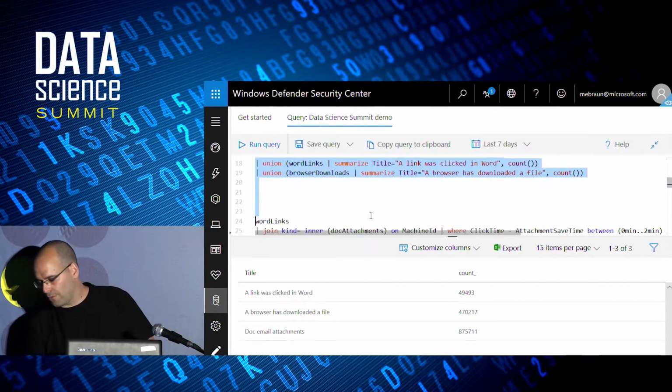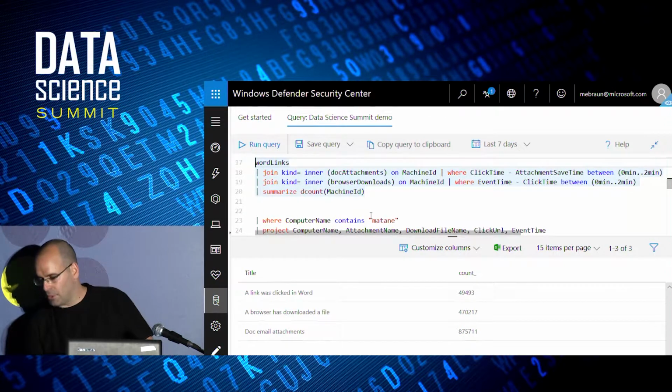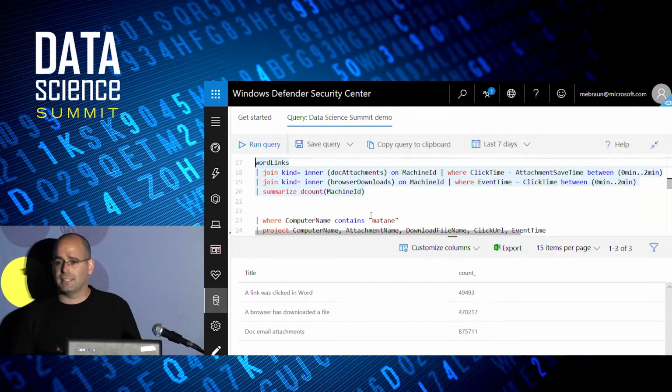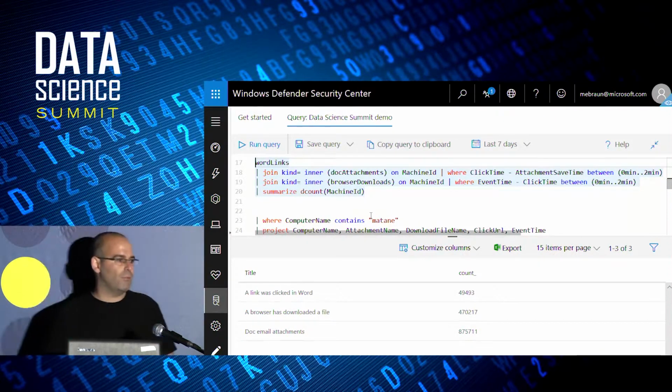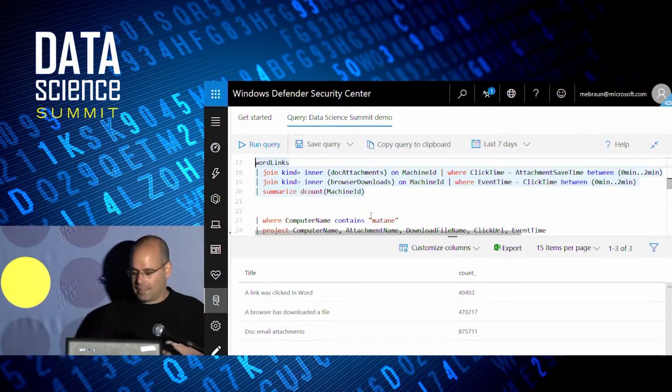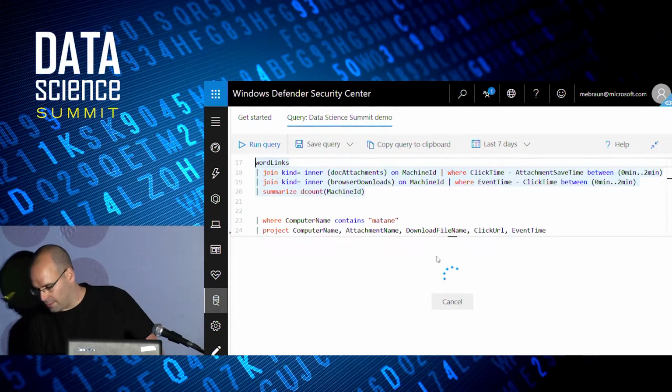But we are going to do now a very simple and quick demo where we just join those 3 low fidelity signals together. Each of them is very, very noisy, but if we are looking for machines that exhibit all 3 of those behaviors at the same time, let's run the query.